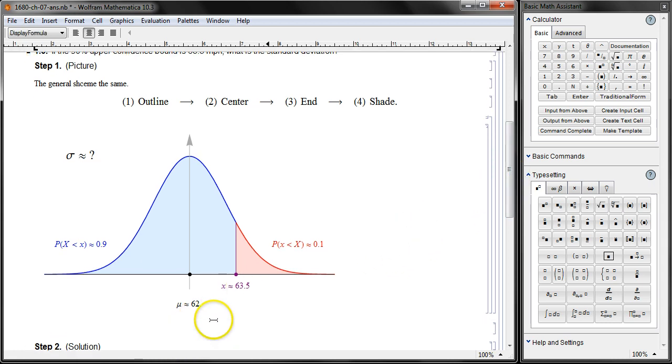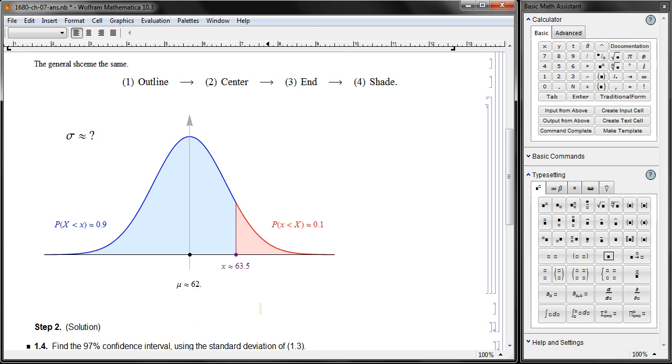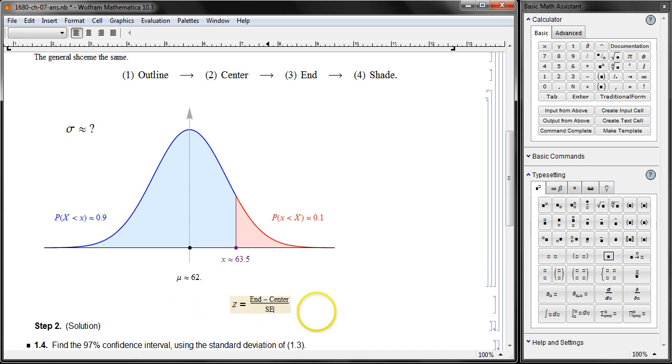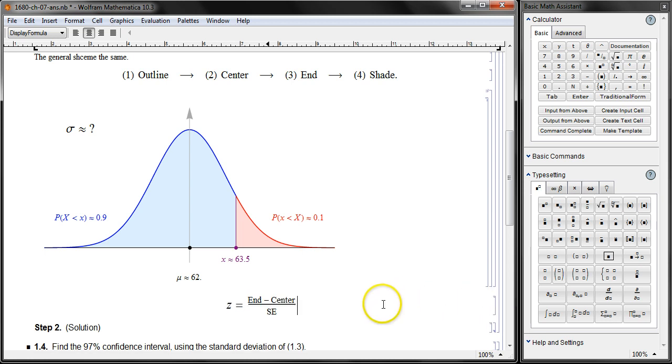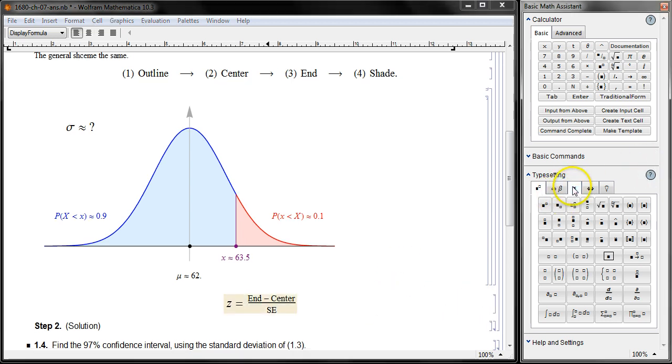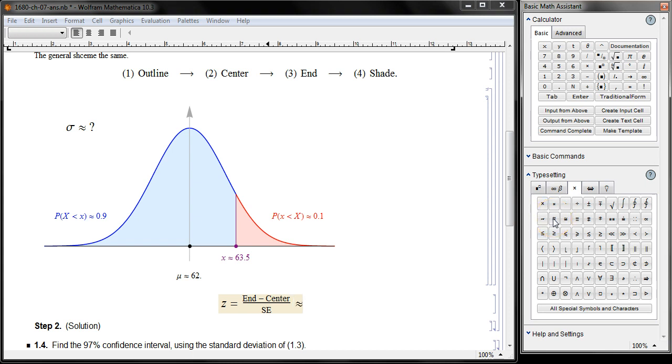Now, what is the z-score? End minus center over SE is the formula, isn't it? Let me extend the font a little bit. And in this particular case, end is 63.5. Look at the picture. Center is 62.0.